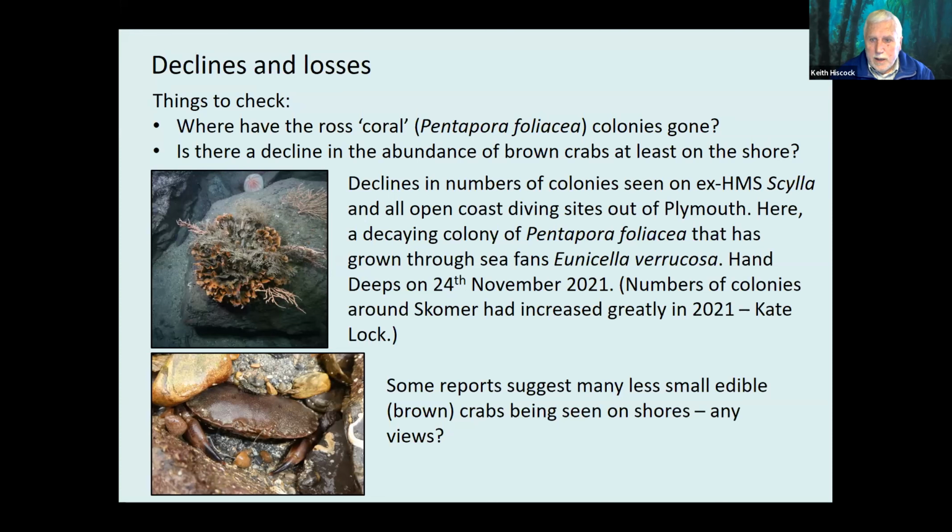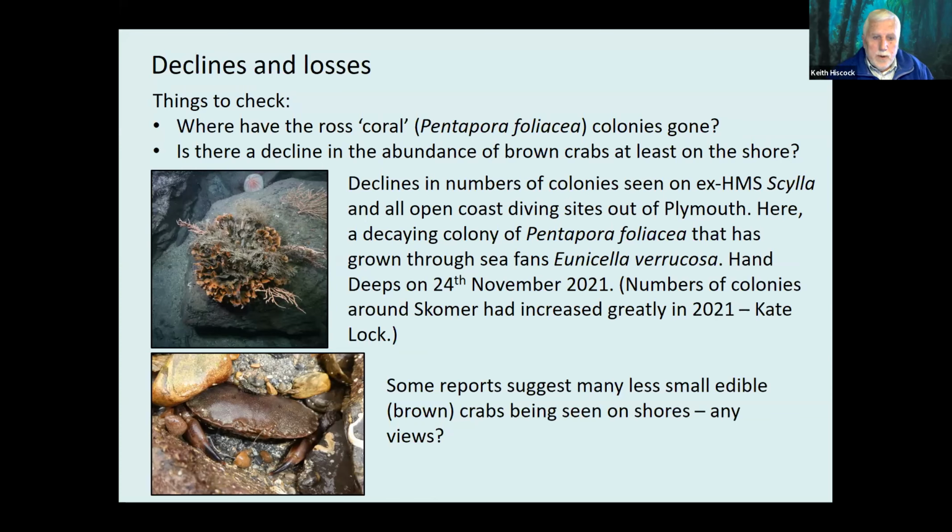What's going on there? So I asked Kate Locke from the South West Marine Protected Area, and they've actually seen an enormous increase in the amount of Ross, Pentapora foliacea. So the mysteries only grow, they're not necessarily being explained away.